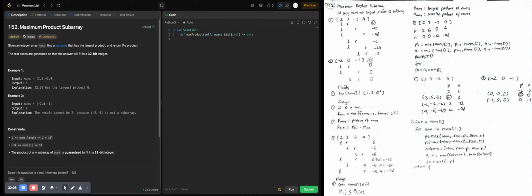So if we go back to our problem, we do 2, 3, minus 2, and 4. Then for P and N, we start with 2, and then positive would be 3.